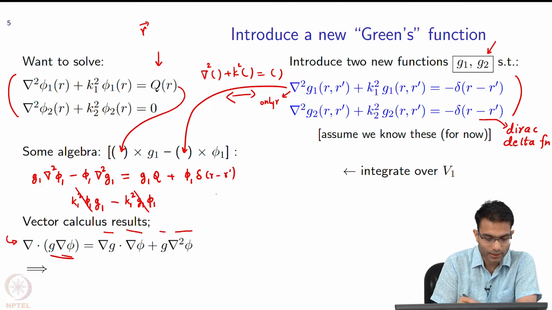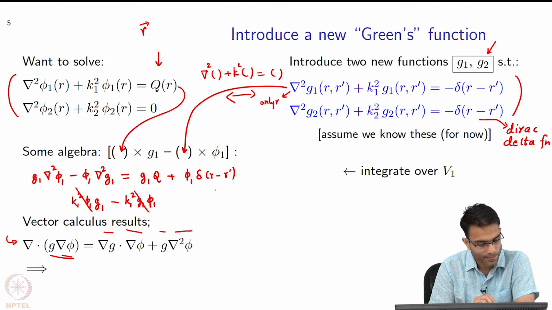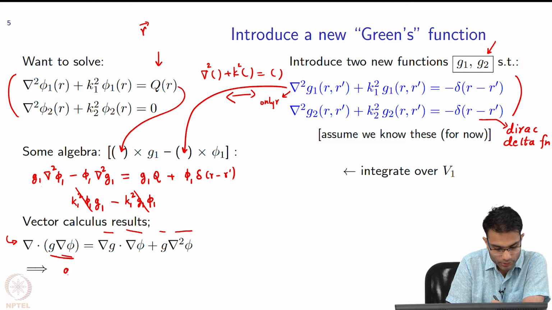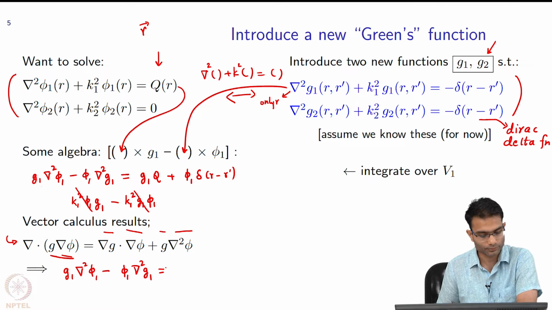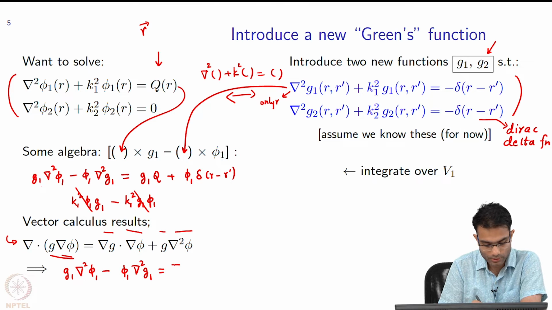Using this identity, can I rewrite the left hand side of this equation? If I try to write down g 1 del squared phi 1 minus phi 1 del squared g 1, I can write that as equal to del dot (g 1 grad phi 1 minus phi 1 grad g 1).